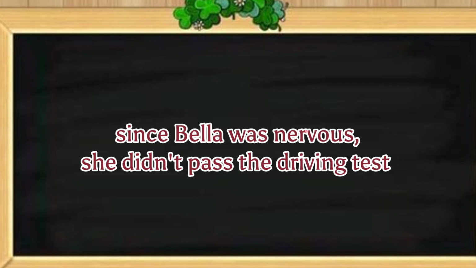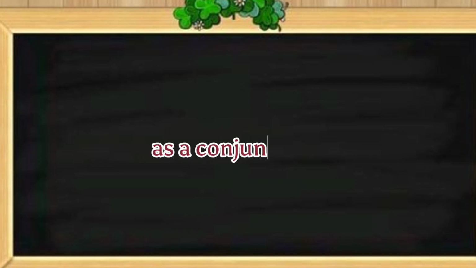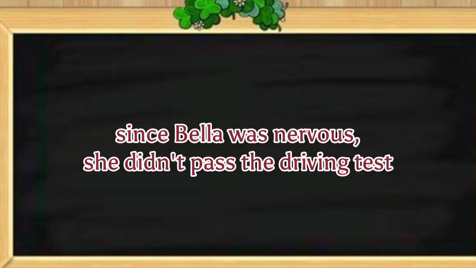If you are still confused about why "since" means "because," actually it has the meaning "because" when it's a conjunction. But if you find "since" in the present perfect, it means "sejak." So, since Bella was nervous, she didn't pass the driving test. Because she was nervous, she did not pass the driving exam.